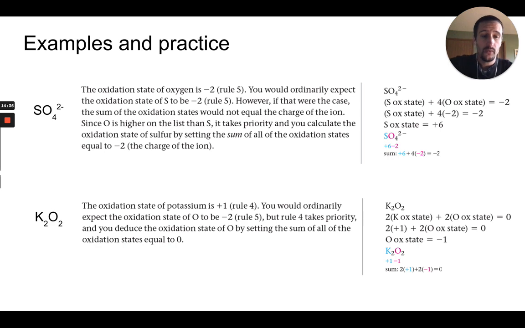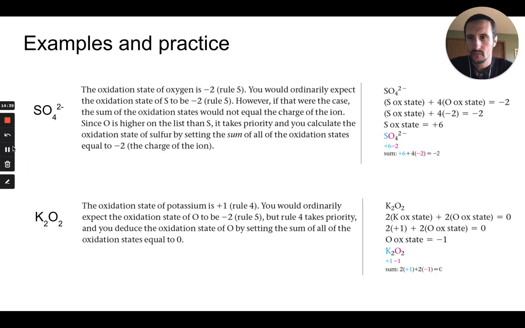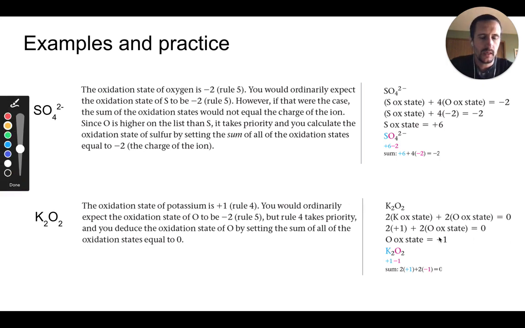So if potassium has to be +1, then in order for the sum to be 0, oxygen's oxidation state in this case must be -1. And so we have those oxidation states. Potassium is +1, and oxygen is -1.